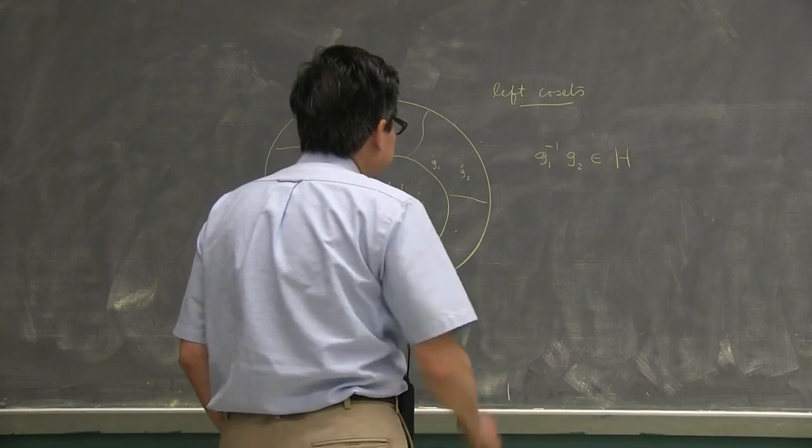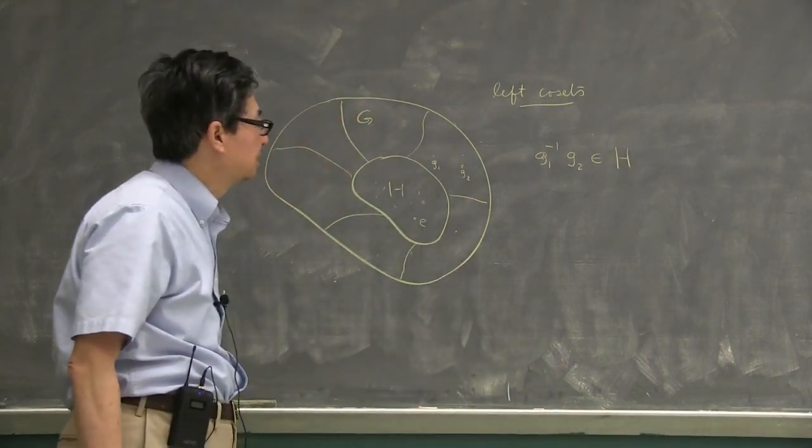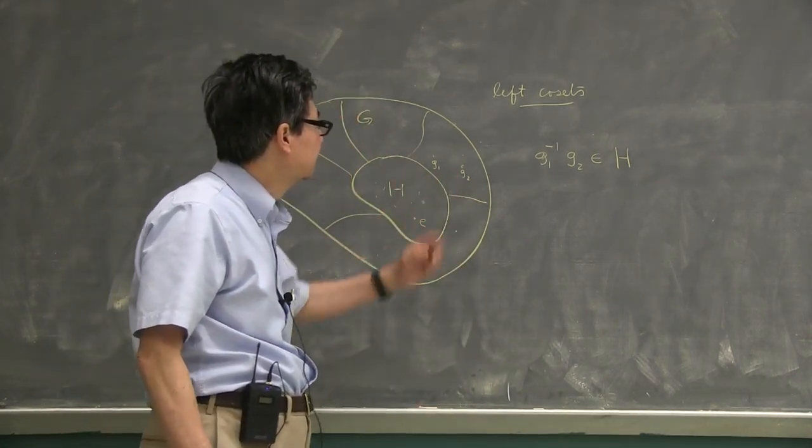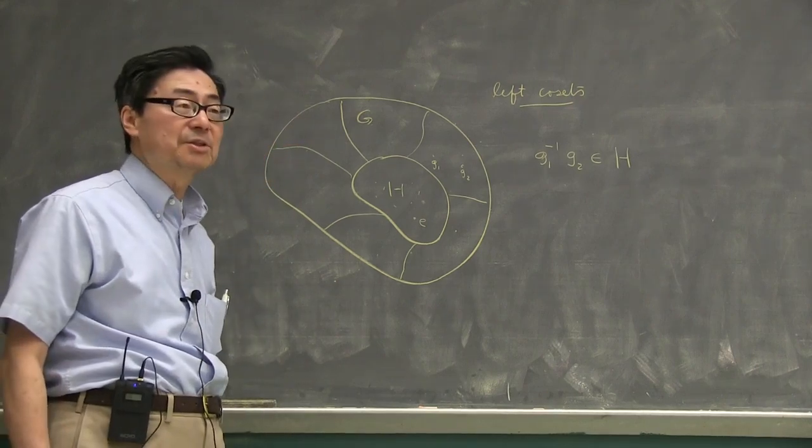If G1 is related to G2 in this manner, then G2 is related to G1 in this manner also, right?